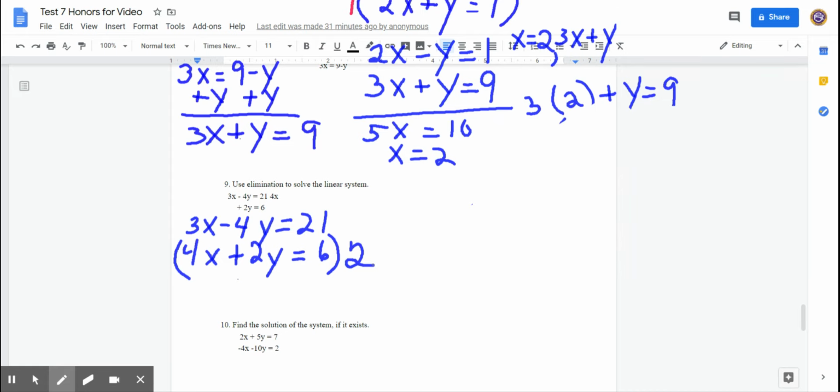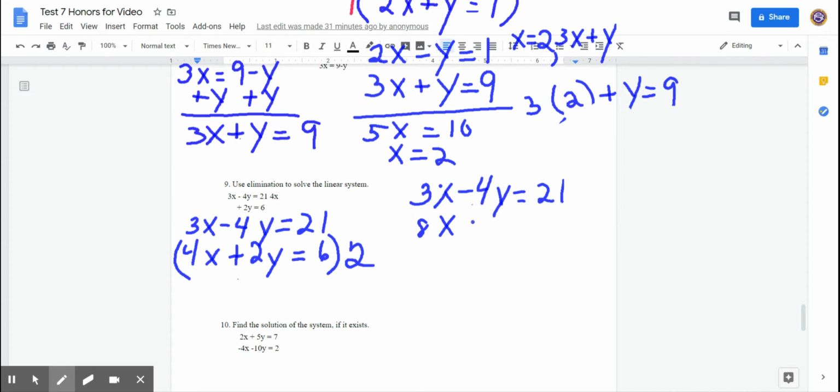And when added to negative 4 is going to cancel out. So I'm going to copy down my first equation, 3x minus 4y equals 21. And I'm going to distribute the 2 on my second equation.